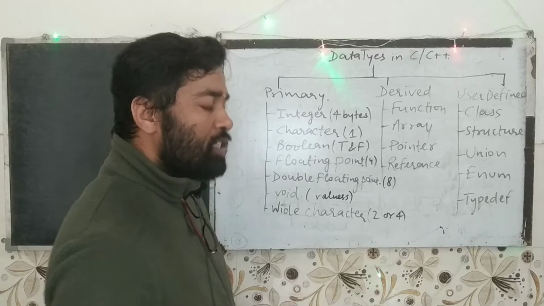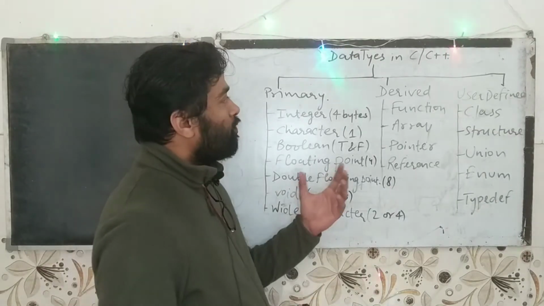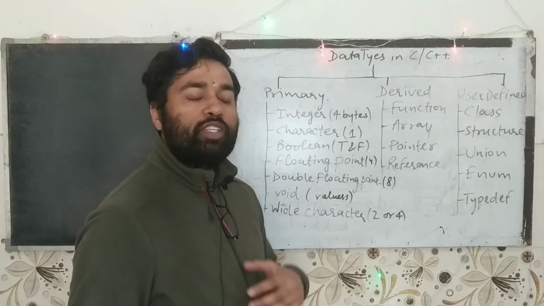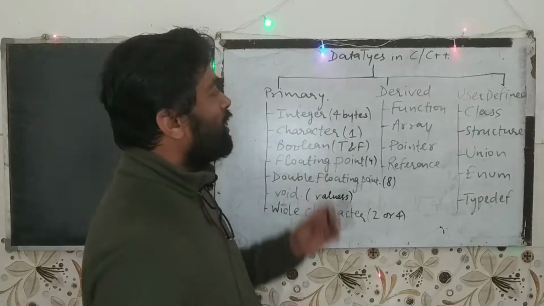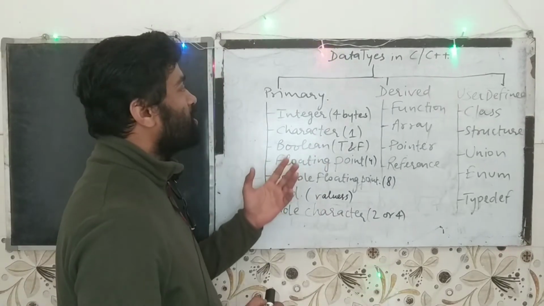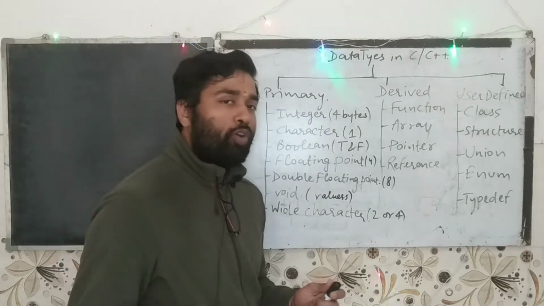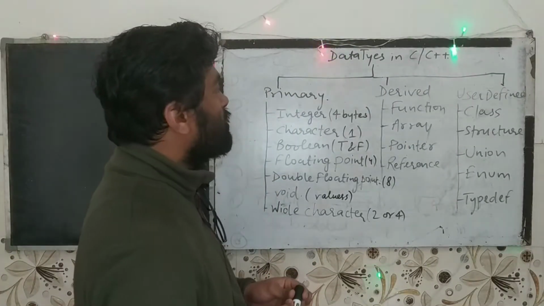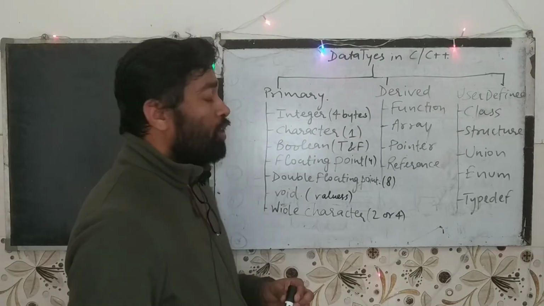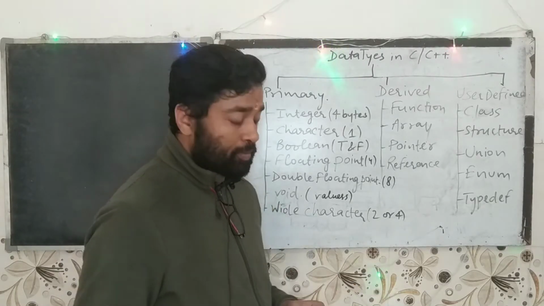Programming languages have different concepts, including data types. We are right now discussing data types in C and C++. I hope some of you know that data types in C and C++ are used to store variables.